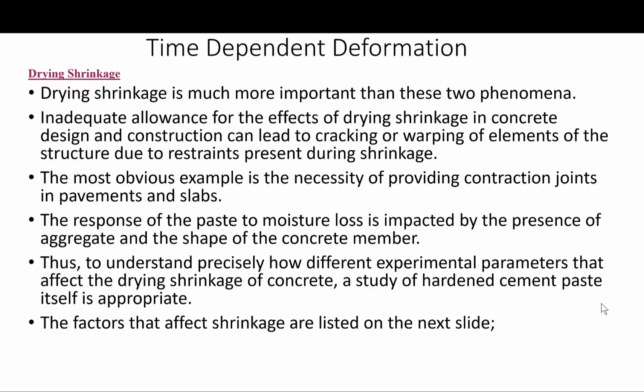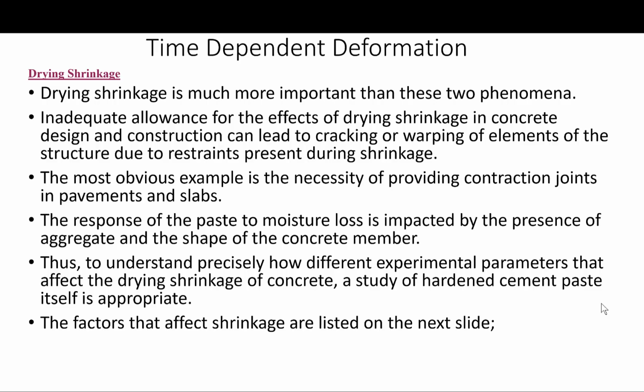So the most obvious example is the necessity of providing contraction joints in pavements and slabs. These joints prevent random, irregular shrinkage cracking and confine it to a desired location in the form in which the crack can readily be filled with a sealant to prevent the entry of foreign materials.